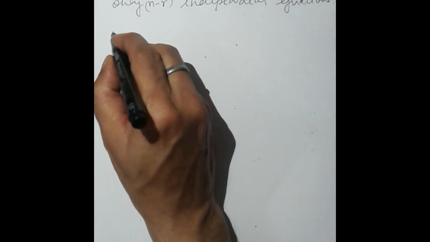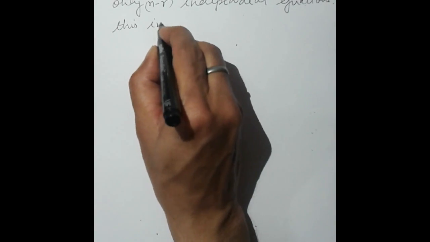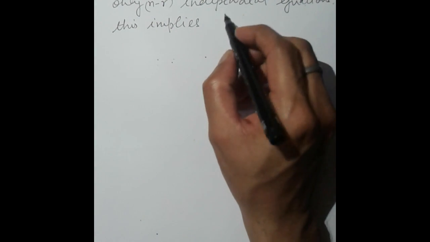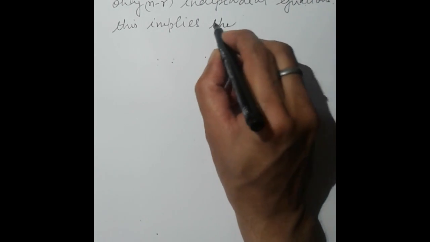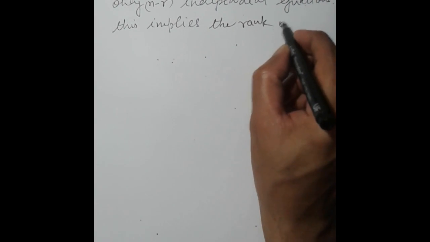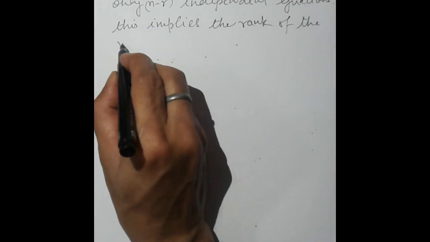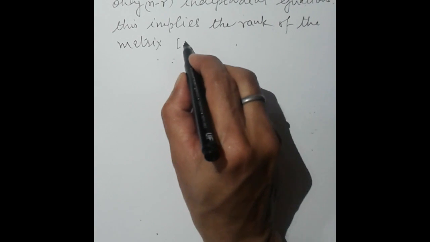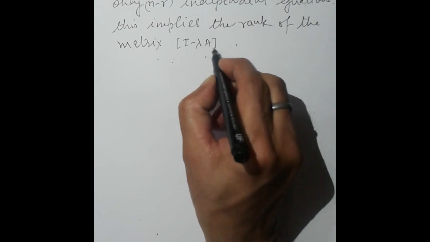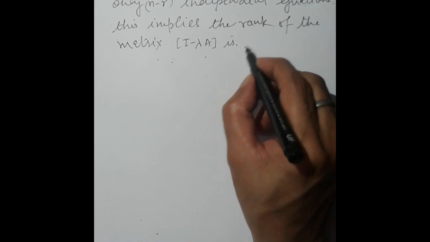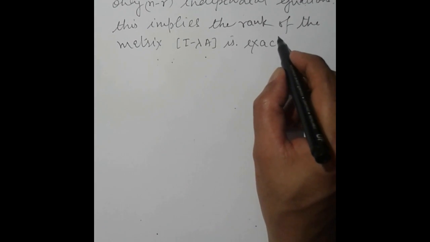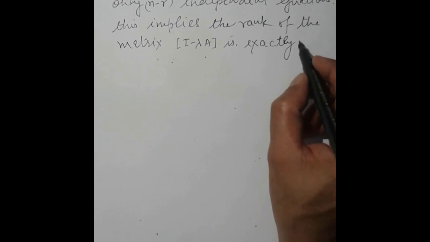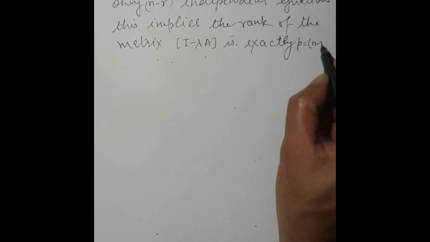This implies the rank of the matrix I minus lambda A is exactly p equal to n minus r.